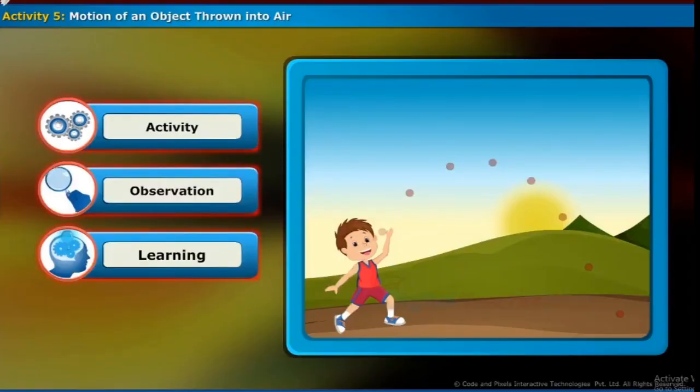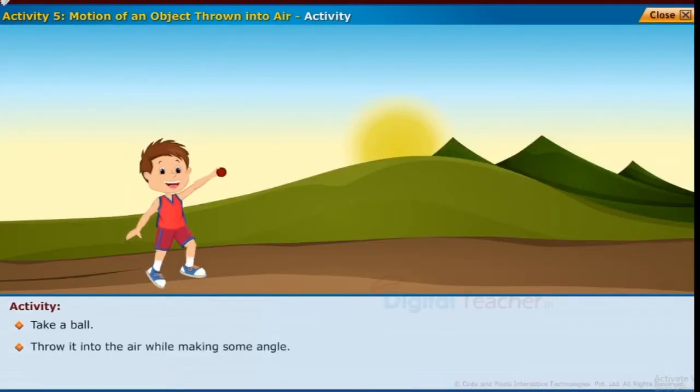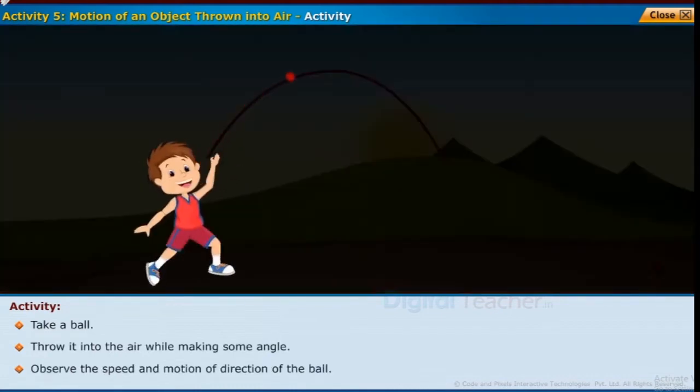Let us perform an activity for observing the motion of an object thrown into the air. Take a ball. Throw it into the air at some angle. Observe the speed and direction of motion of the ball.